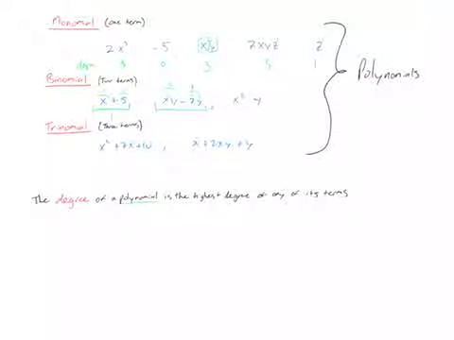So the degree of the whole thing is going to be 2. The degree of this part is 2, the degree of this part is 0, so the degree of this whole thing is 2. Same idea here, this one's 2, 1, 0, so the degree of the whole thing is 2. This part's 1, this part is 1 plus 1, so 2, the degree of this one's 1, so the degree of the whole thing is 2.